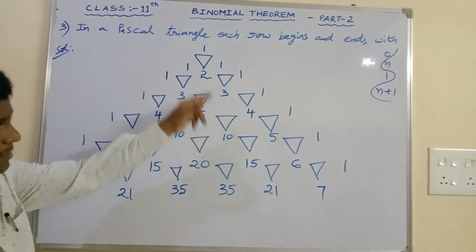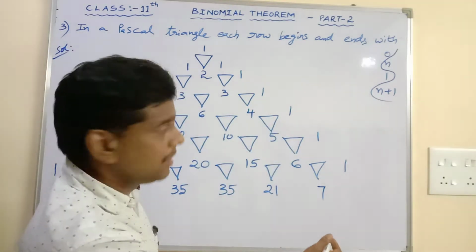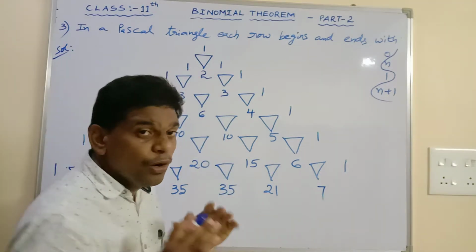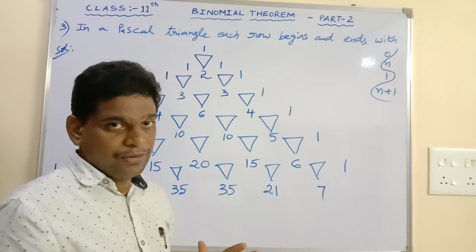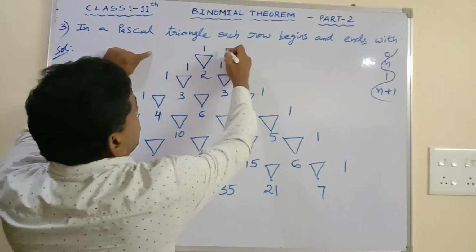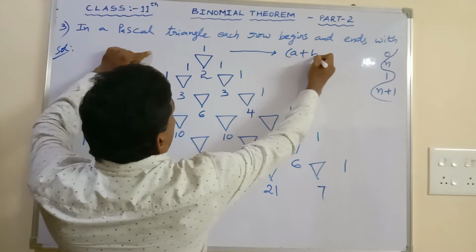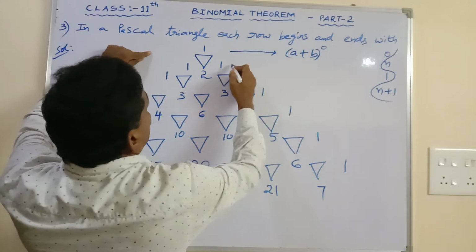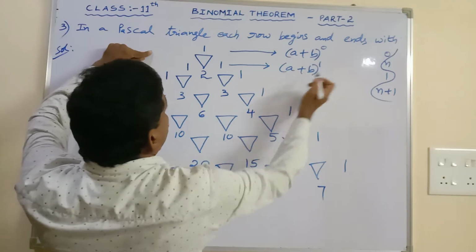Okay, in this Pascal triangles, what are these called? These are called coefficients of expansion of binomial. Okay, see, in this first row, a plus b whole power 0. In the second row, a plus b whole power 1.